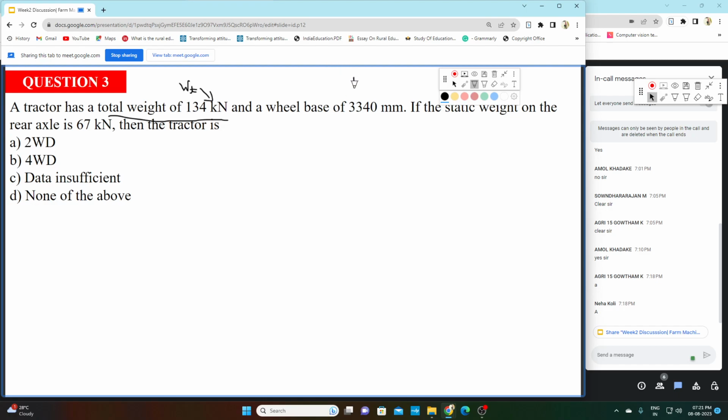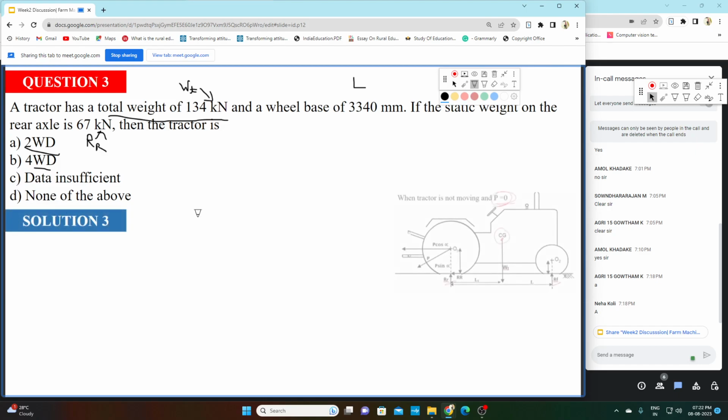Wheelbase is capital L. Now if the static weight on the rear axle is 67 kilonewton, static weight on the rear axle means it is given RR, then the tractor is: A two wheel drive tractor, B four wheel drive tractor, C data insufficient, or D none of the above.